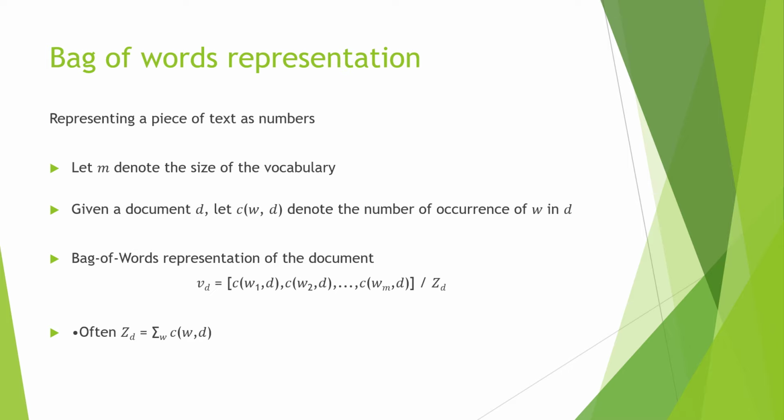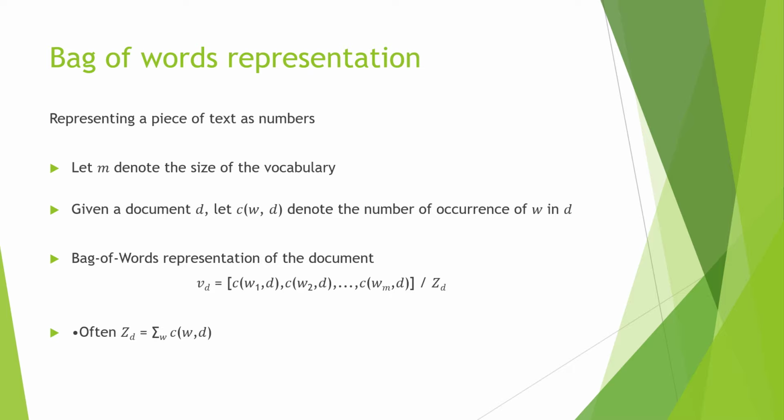And the most important concept in natural language processing, or one of the most important concepts, is bag of words representation. And that is used to represent a piece of text as numbers.